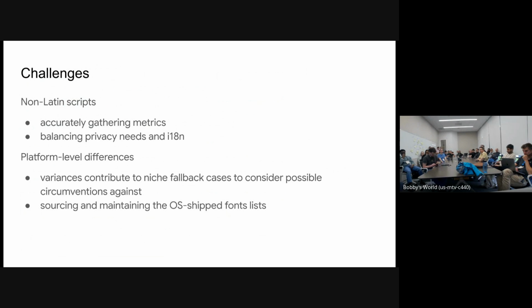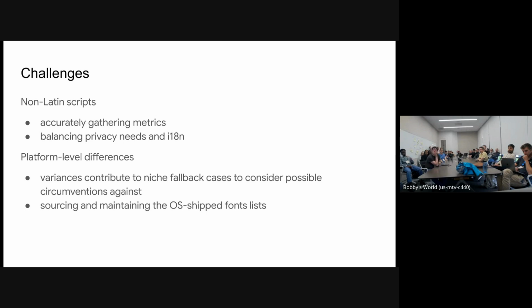As mentioned before, various challenges we face are particularly with non-Latin scripts. We want to make sure we can accurately gather metrics given the different code paths in the Blink fonts rendering code base. We also want to make sure that we're balancing the privacy needs while also making sure that accessibility needs are not disproportionately impacted. Platform level differences were also a challenge to consider.